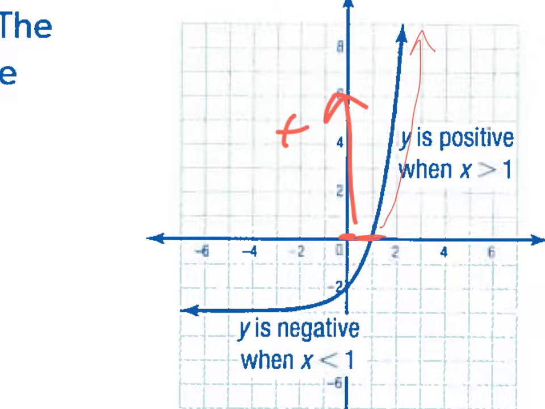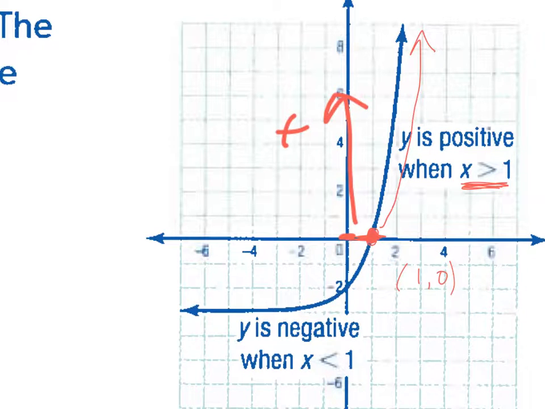So right here, this point right here, ordered pair (1, 0). If we have positive y values, you've got to have an x value that's greater than 1. At 2, at 3, at 4, we have a positive y value.